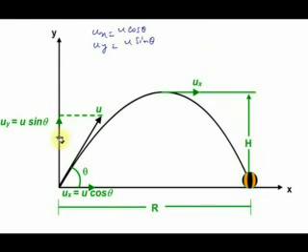There is only one acceleration, which is gravitational acceleration, that is g, which is acting upon the projectile, and it is in the negative y direction. So the acceleration in the x direction is 0, and the acceleration along the vertical direction is minus g.